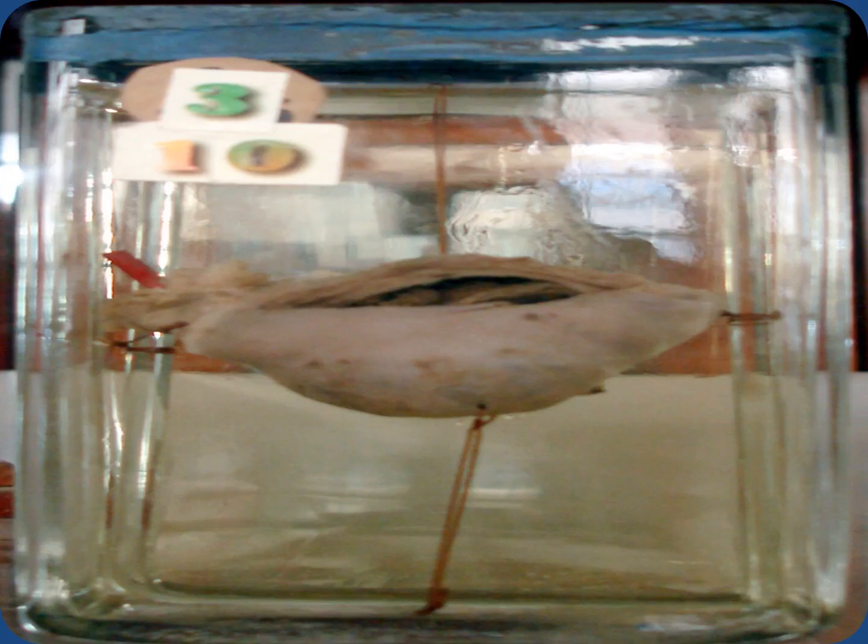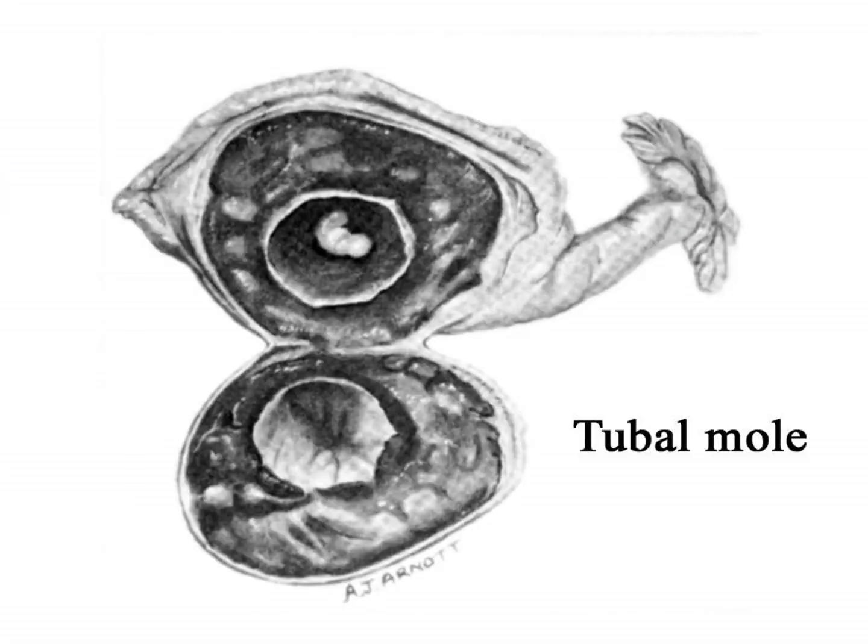This is the full screen picture of the previous slide. This photo demonstrates a sectioned fallopian tube containing a tubal mole. The tube contains a gestational sac with an embryo inside, surrounded by blood clots.